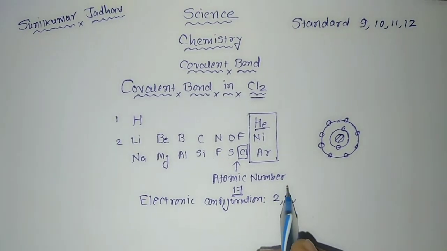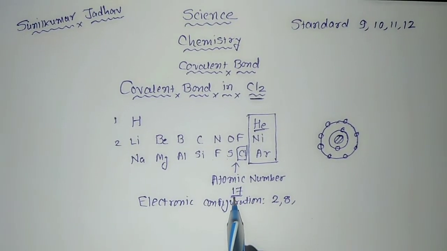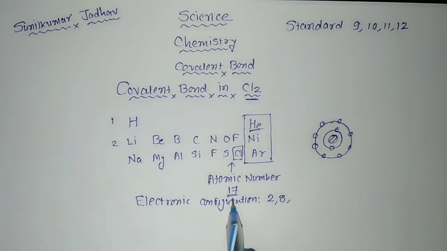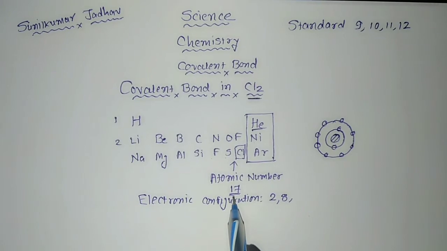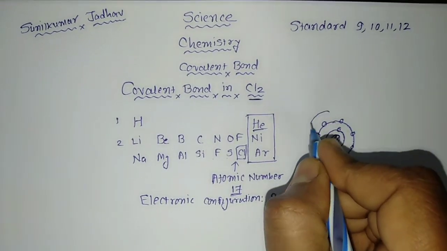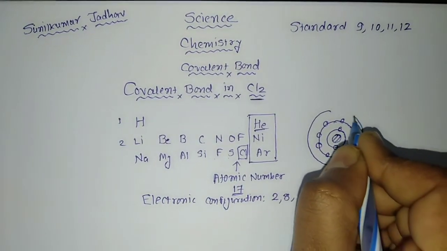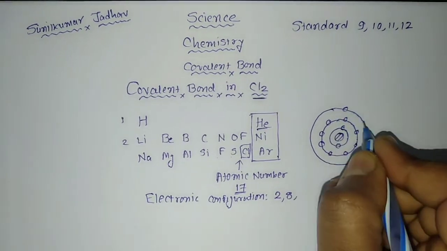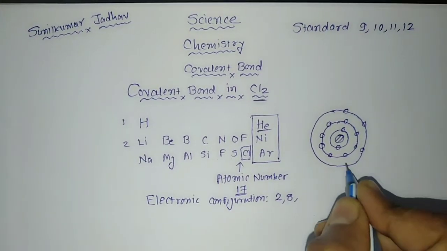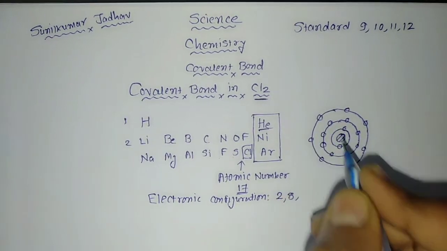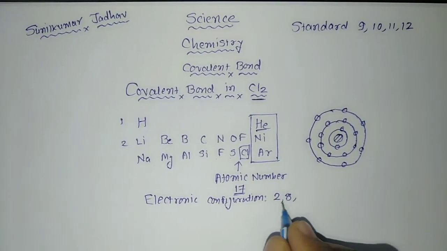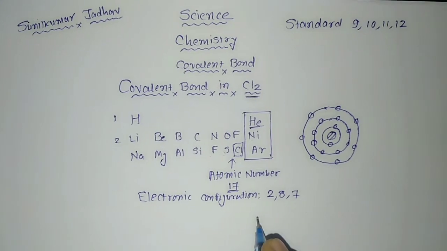And in the next orbit, as the atomic number is 17, 7 electrons must be accommodated in the third orbit: 1, 2, 3, 4, 5, 6 and 7. So its electronic configuration would be 2, 8 and 7.